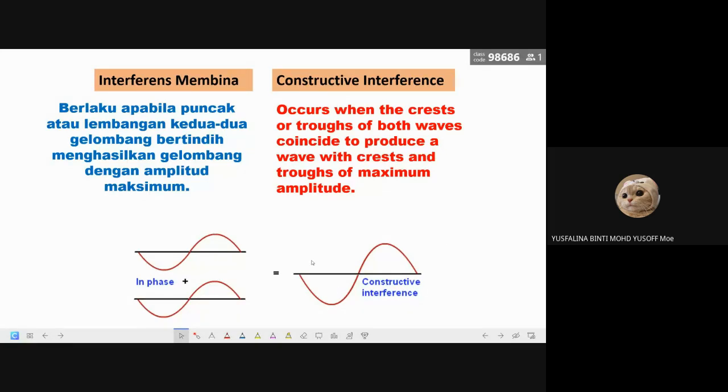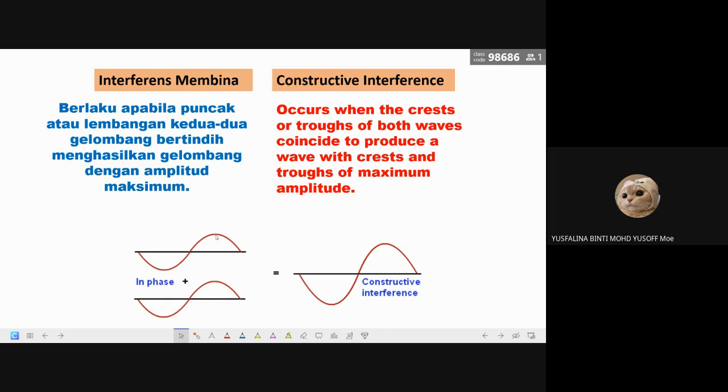When they meet here, constructive interference occurs at the trough part. You can see the amplitude here is bigger, twice that of here. It is like the sum of these two waves. This is the trough, and this is the trough, so they add and the amplitude becomes twice as large.